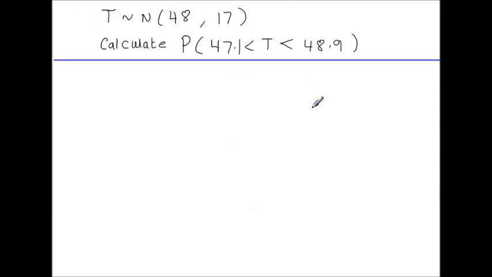If you get a question like this, where you're looking for the probability that something is between two values, then you do two separate calculations, so work out the probability of less than the first value. Okay, that's always less than for a question like this. And separately work out the probability that you have less than the second value.